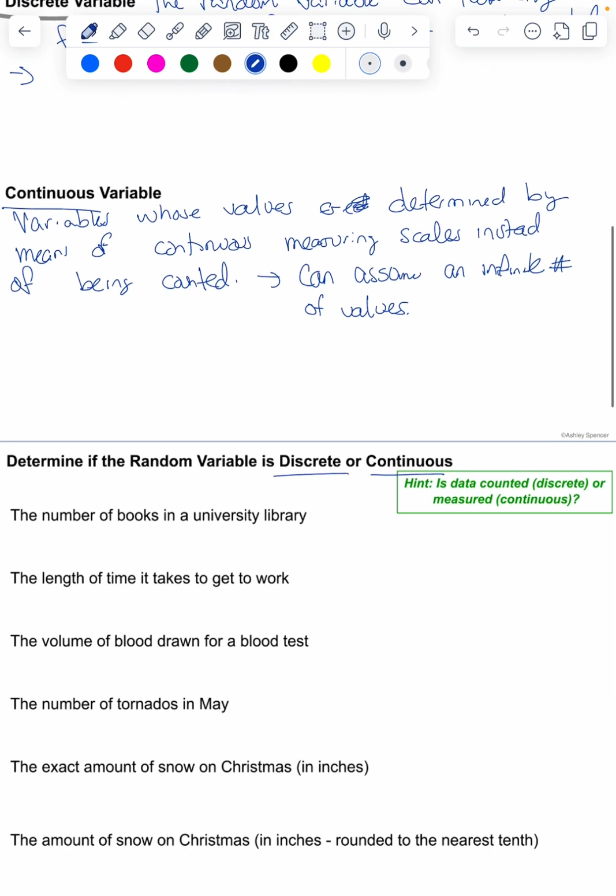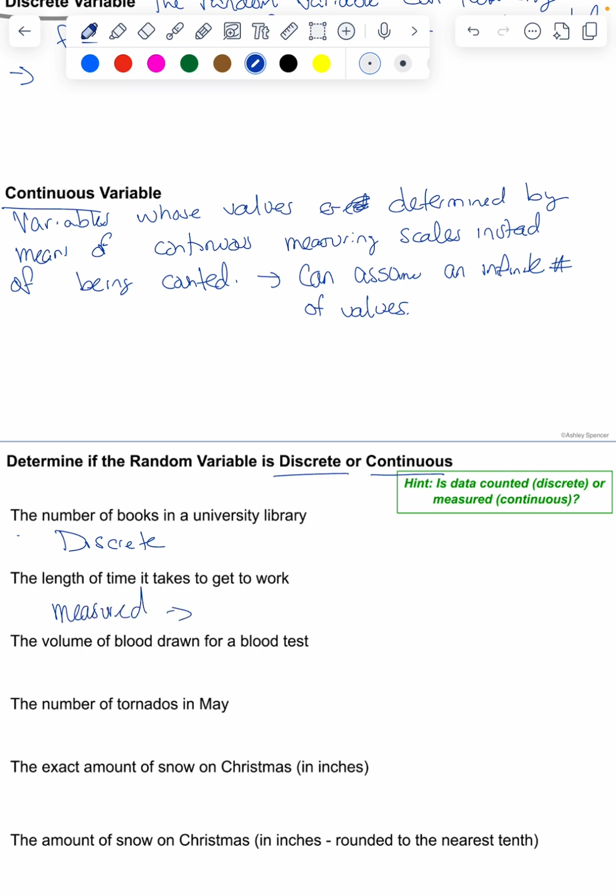So if you look at these examples, the number of books in a university library, well, obviously those are counted. So that's going to be a discrete variable. The length of time it takes to get to work, that's going to be measured. You can't count that, right? You have to measure it by driving to work.